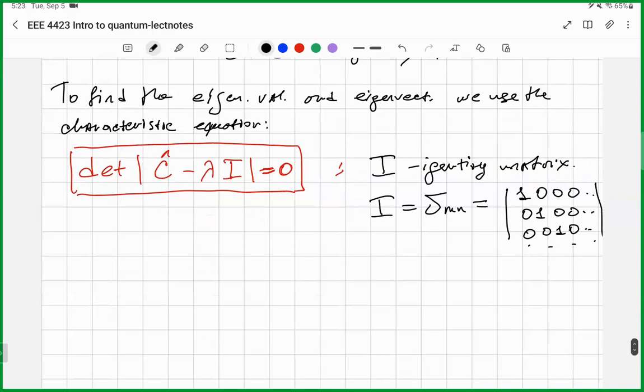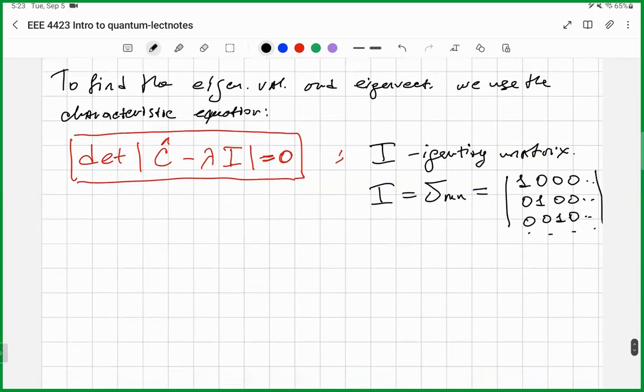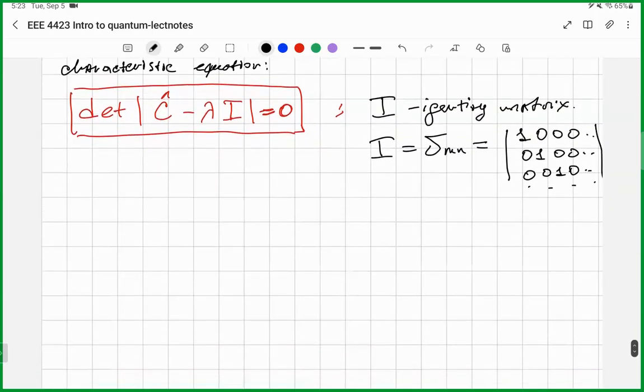Identity matrix. So the best way to understand how this works, let's consider a problem. Problem number 1. Let's take a very simple matrix like 3, 1, 2, 4, for example.